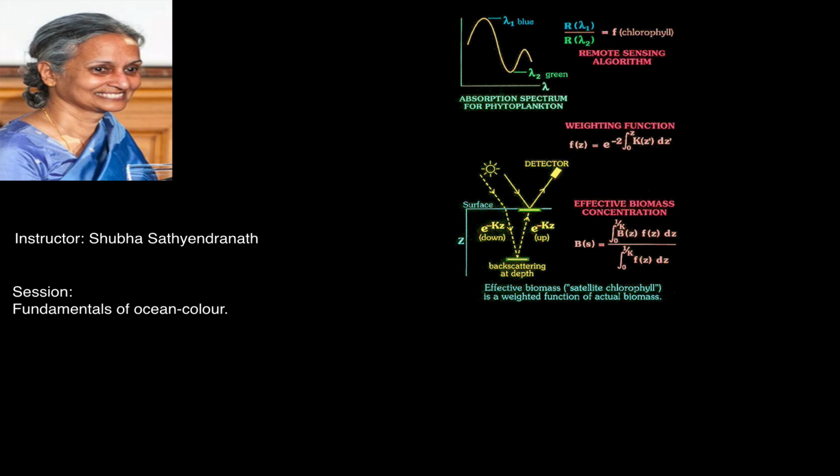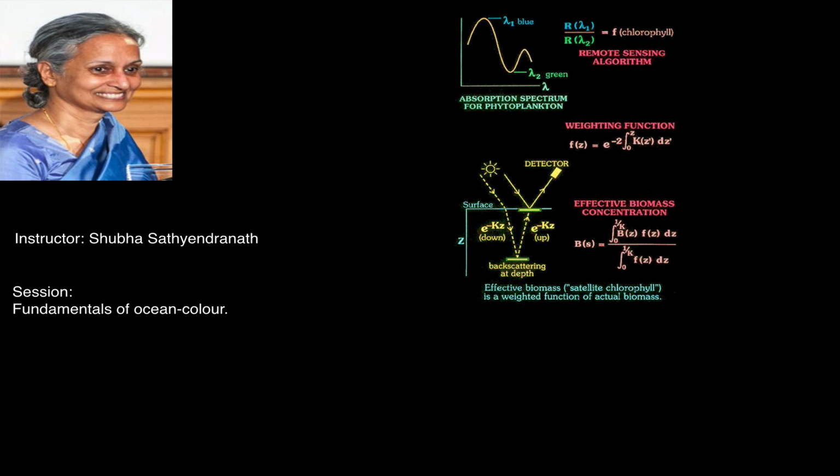Therefore, the maximum signal comes from the surface with an exponentially decreasing contribution from deeper layers. And a rule of thumb is that if you know the attenuation coefficient k at the wavelength of interest, then about 90% of the signal comes from the first optical depth, in which the light is attenuated by a factor 1 over k.